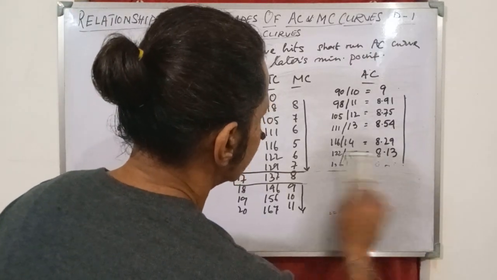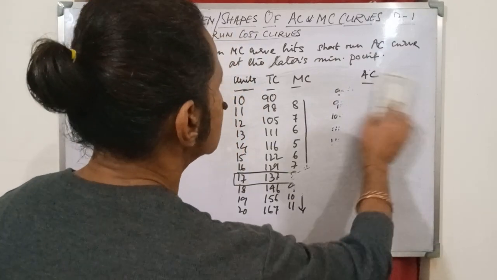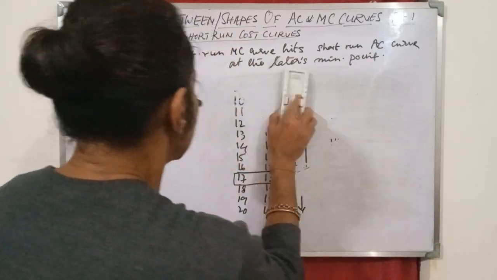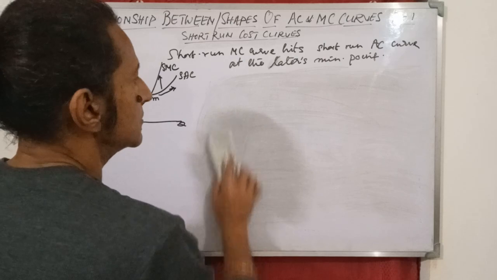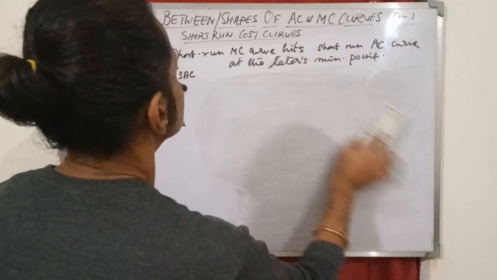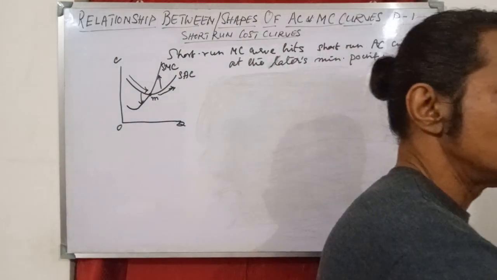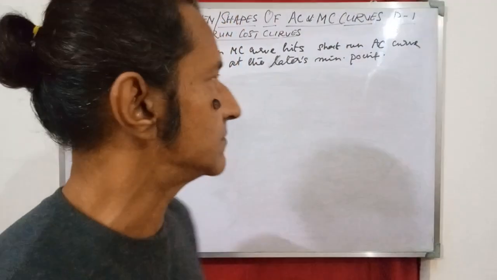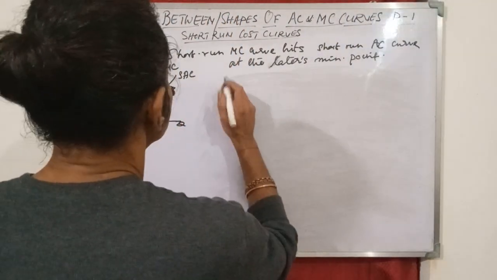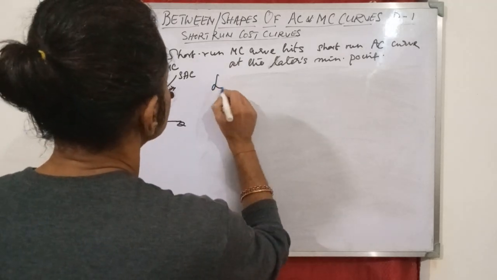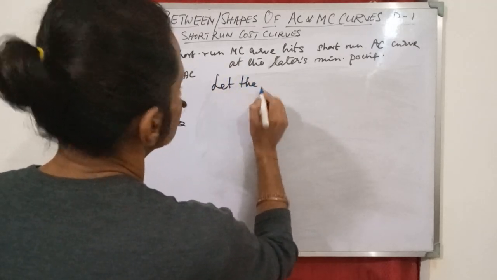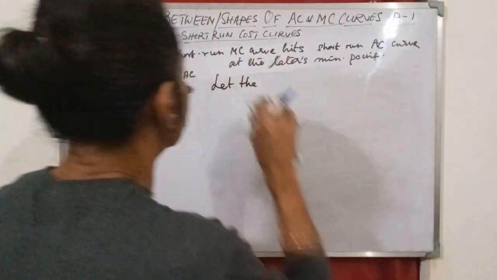Since I have to proceed further, I have to show how you can prove those hypotheses by using calculus. So let us take a cost function. Here I am using calculus.